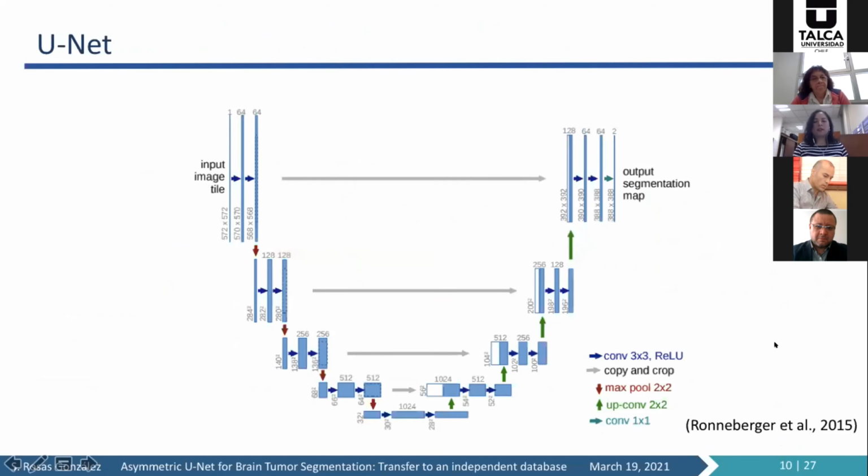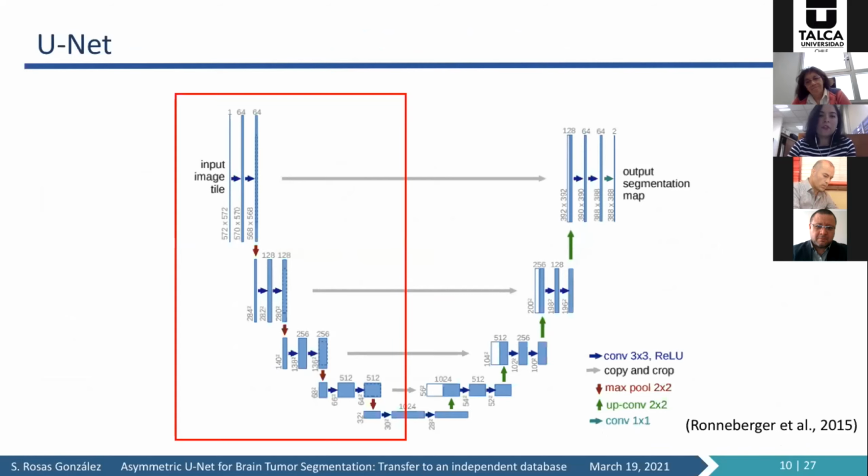The U-Net architecture proposed in 2015 is the most successful architecture for image segmentation. This is composed of two parts. The first part is called the encoder, that reduces the size of the image in each level and extracts local features.